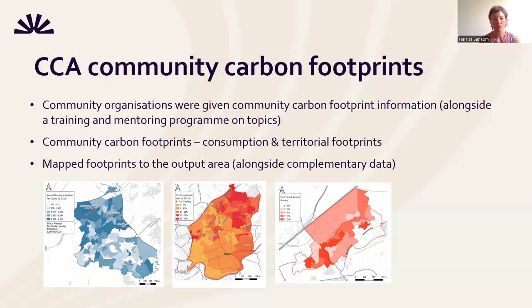The map on the right shows percentage of private rented housing, so tenure. So for each community of the 6, we did the carbon footprint information, but then we also mapped other complementary data that we thought would be useful in them thinking about what kind of activities they might want to do.